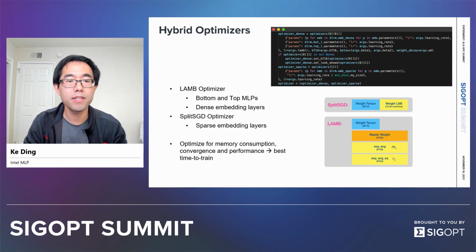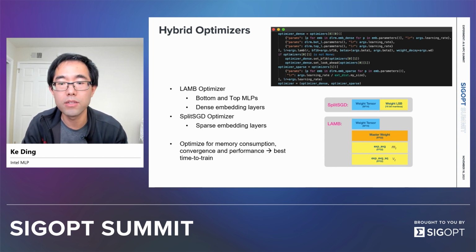So with BF16 and the memory optimization of splitSGD, and the LAMB optimizer for large global batch size, now we have both to form hybrid optimizers for DLRM in order to get all the benefits. In particular, the LAMB optimizer is applied to dense layers, including the top and bottom MLPs and those smaller dense embedding layers, for better convergence.